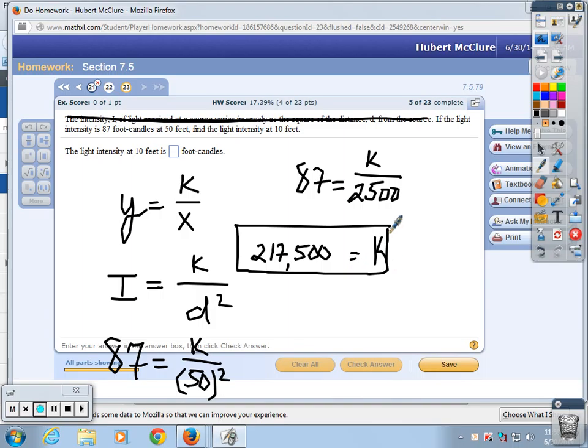What do we do with K? Plug it back in and get a new formula. What were you multiplying together? Solve for K. How do you solve for K? Multiply both sides by what?